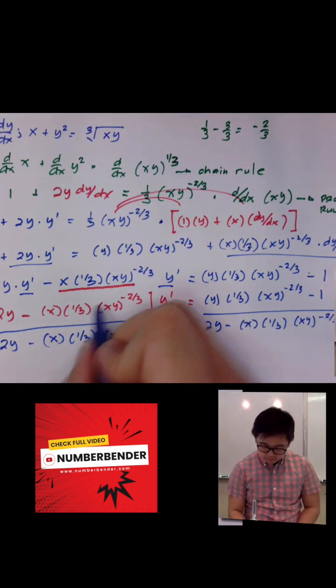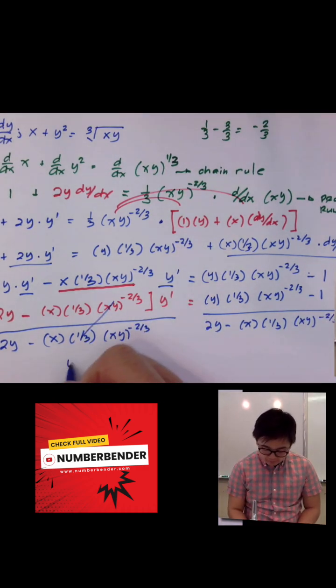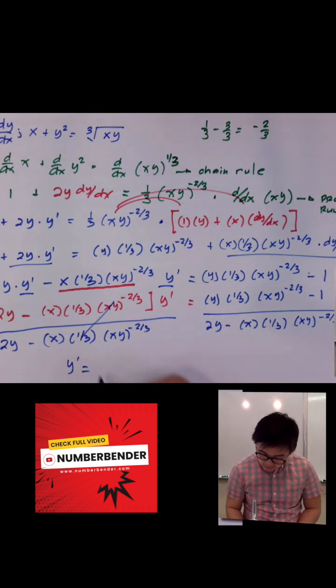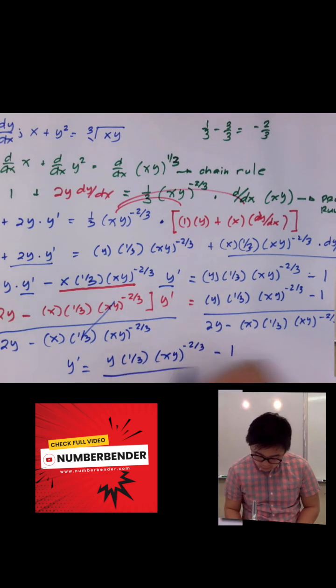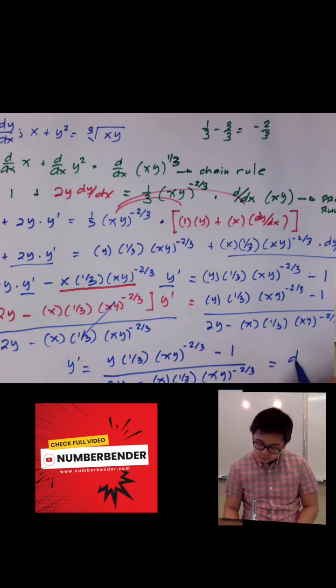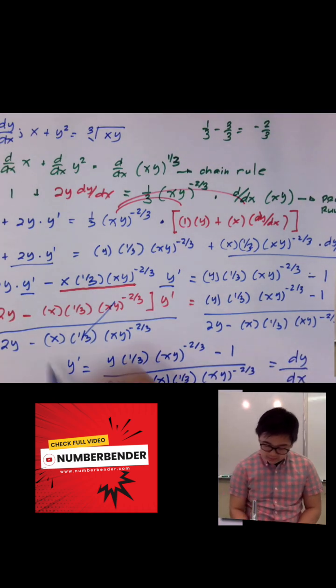So our y prime is simply y times 1/3 (xy) to the negative 2/3 minus 1, all over 2y minus x times 1/3 (xy) to the negative 2/3, which is also our dy/dx.